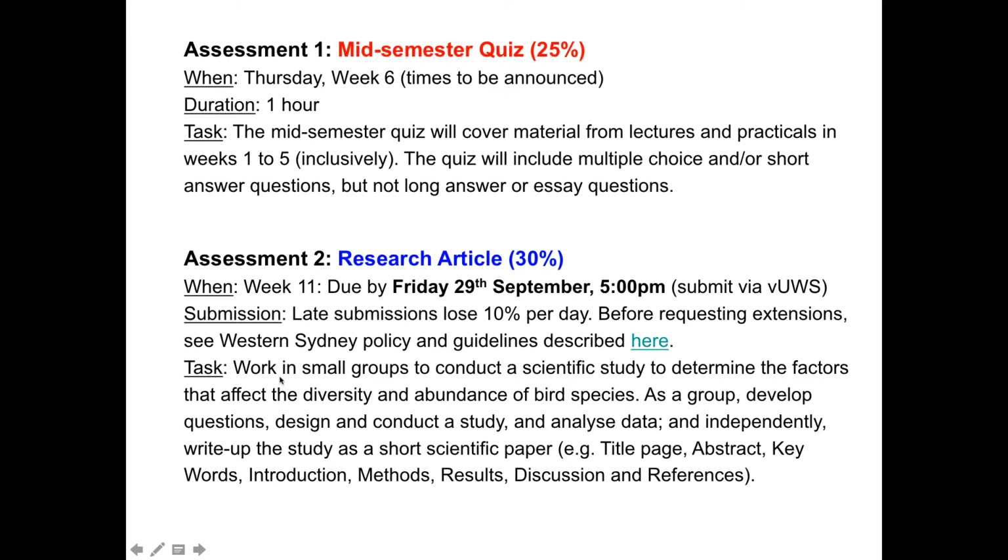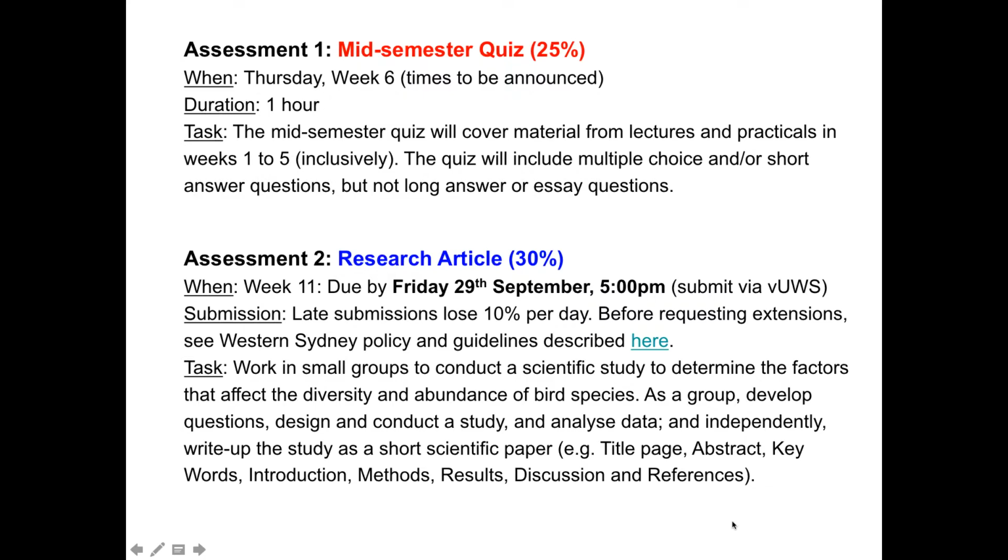Anyway, the task involves working in small groups of 3 people or less to conduct a scientific study to determine the factors that affect the diversity and abundance of bird species. As a group, you will develop your questions, design your study, conduct your study and analyze the data, and then independently you will write up the study as a short scientific paper, i.e. of the format: a title page, abstract, keywords, introduction, methods, results, discussion, and references, as you would find in any standard scientific paper.